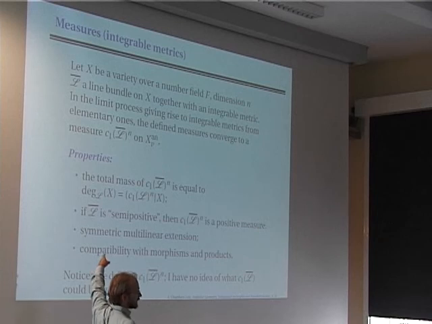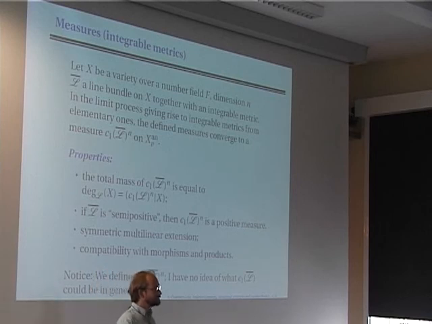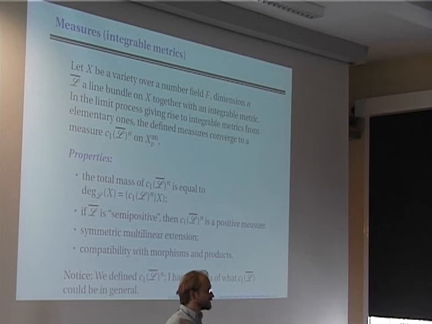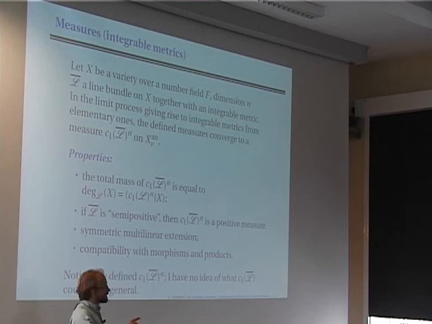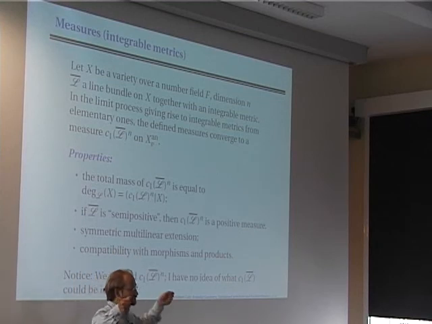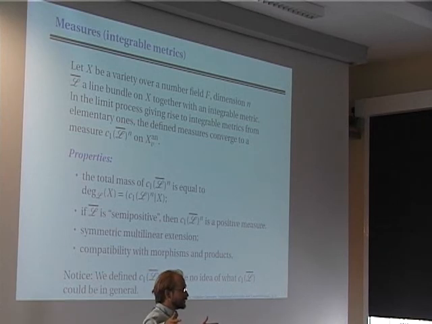If the line bundle has a semi-positive metric, which means that it's a uniform limit of elementary ones, then the measure is positive because it's a limit of positive measures. There is a symmetric multilinear extension. I can take products of various line bundles, in number equal to the dimension of the variety, and I will get measures.